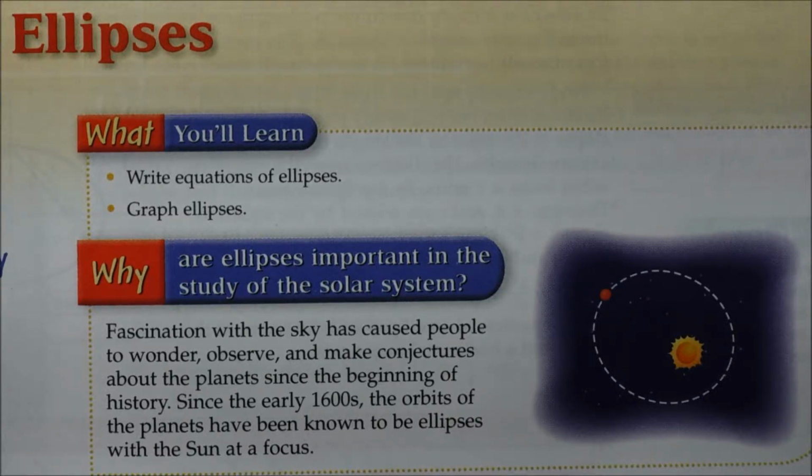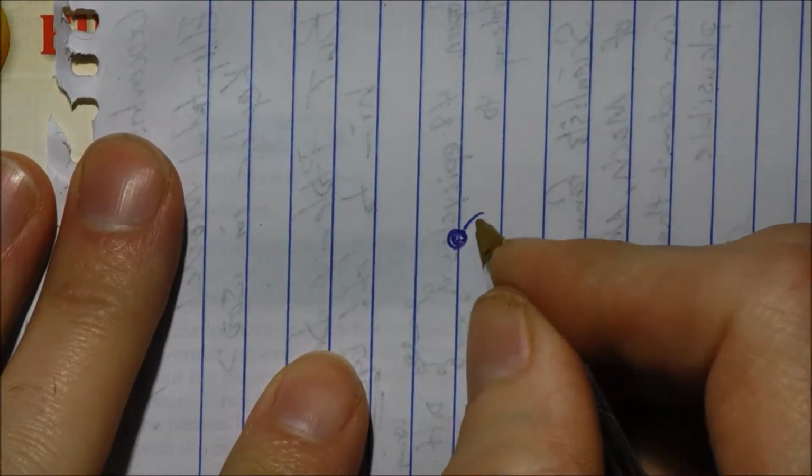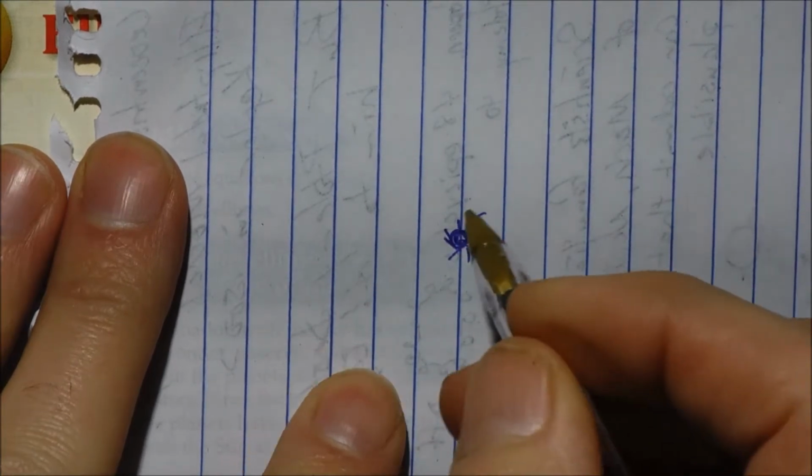But he was wrong because he didn't use ellipses. He used circles, and there were some serious issues. So he puts that sun in the center. Look what he had to do.